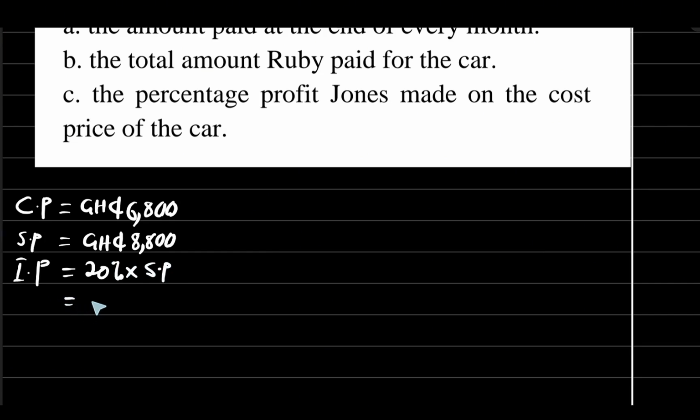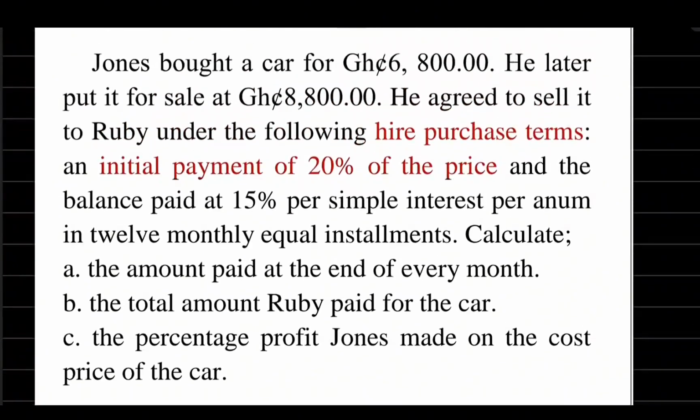So we'll have 20% multiplying 8,800, and supposed to get a value of 1,760 as the initial payment by Ruby. Let's continue to read.